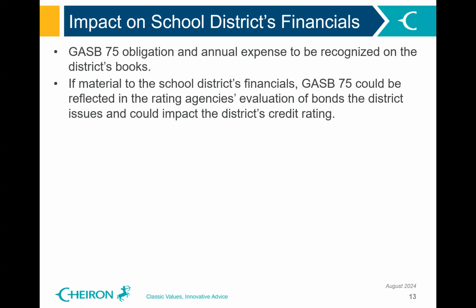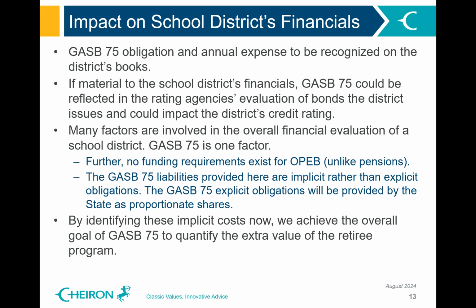If it's material to the school district's financials, GASB 75 could be impactful on how a rating agency reviews the district's financial status. But just know there are many factors involved in evaluating the financial status of any entity, including a school district. GASB is just one factor.